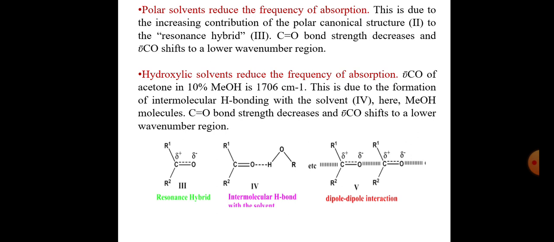The third structure is the resonance hybrid structure, and this fourth structure shows intermolecular hydrogen bonding with acetic acid. The acetic acid containing H⁺ is hydrogen bonded with the oxygen atom of acetone. Therefore, when we use an acidic reagent, the carbonyl stretching frequency decreases.